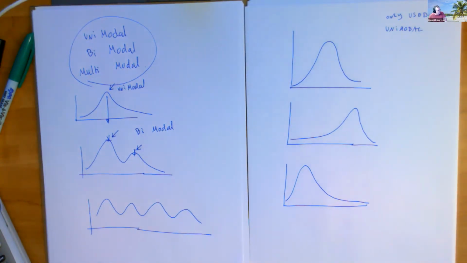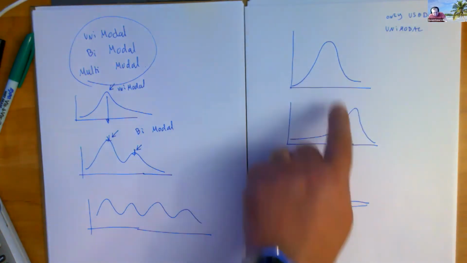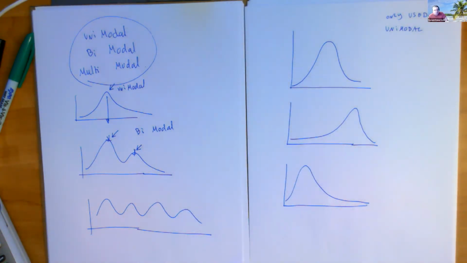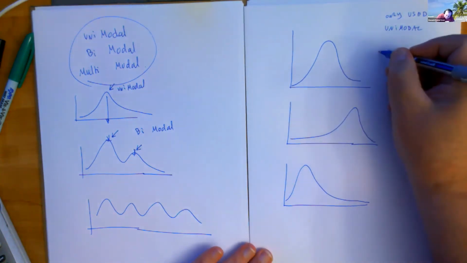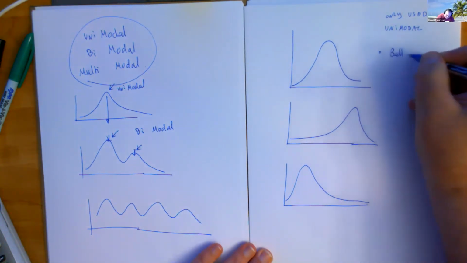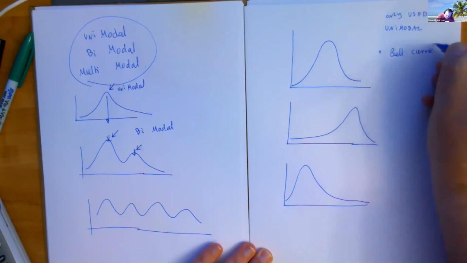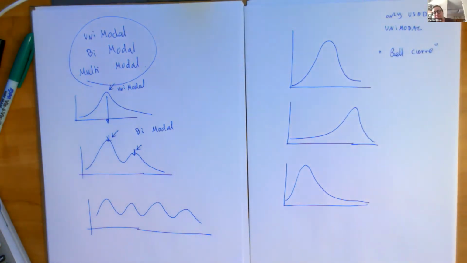Now, these are all unimodal, at least the examples I've given. But isn't there a difference in the location of the hill and how the data is spread out? Isn't the first one known as a bell curve? It is. One of its names is a bell curve, because it looks like a bell, I guess.